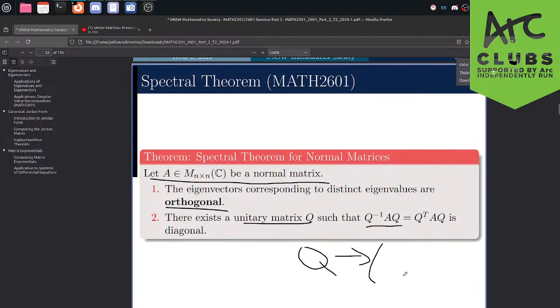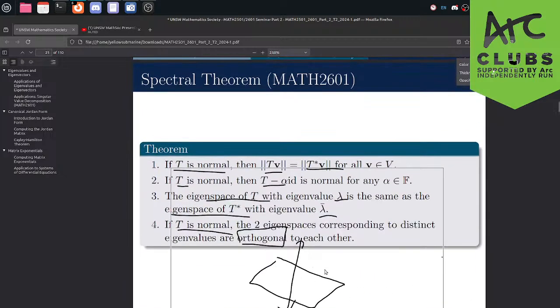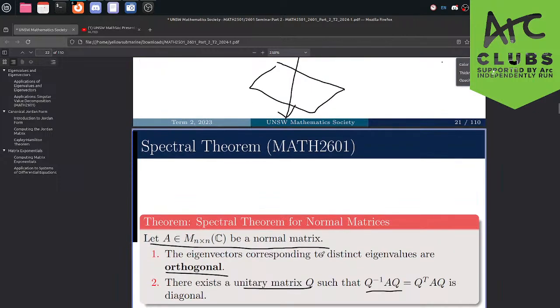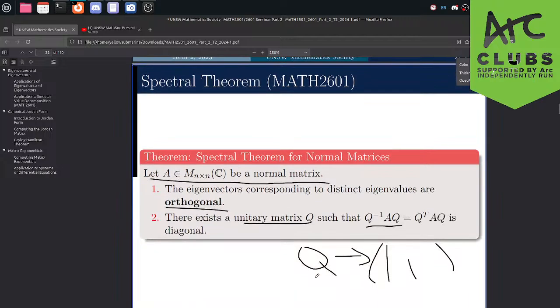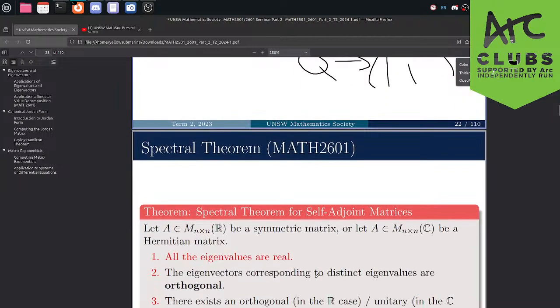So the vectors in Q will all be orthogonal to each other. So this represents the fact that you have eigenspaces all orthogonal to each other. So right angles, or in the complex case, just orthogonal.